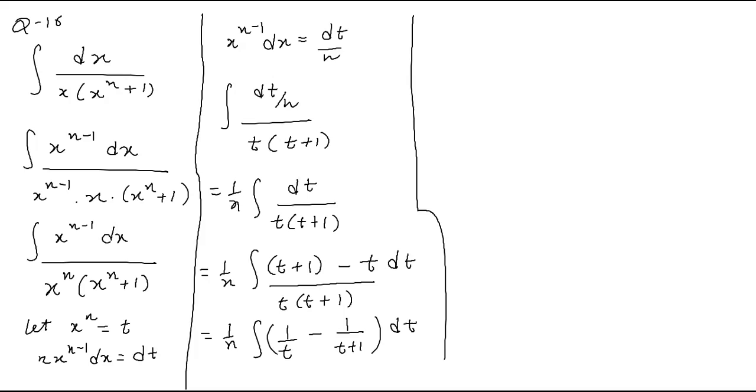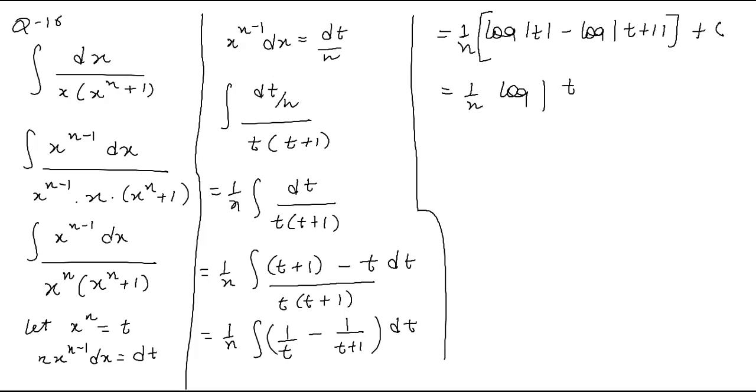I can take integration. Integration of 1 by t is log mod t, whereas this will be log mod t plus 1 plus c. So if I apply the property of log, then I will have t upon t plus 1 plus c. Be careful that our sum is not in the form of t, it is in the form of x.